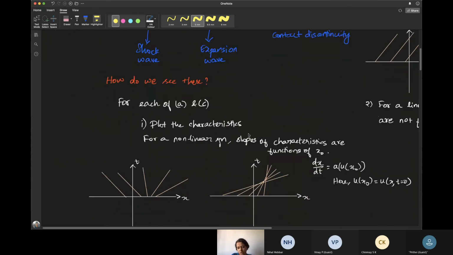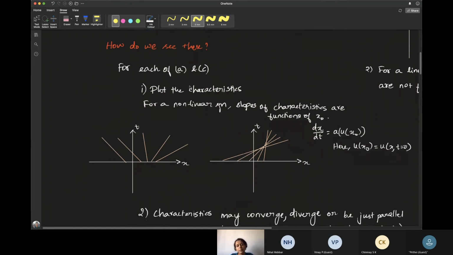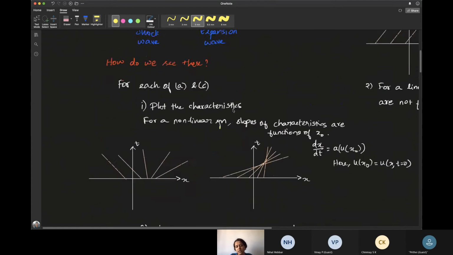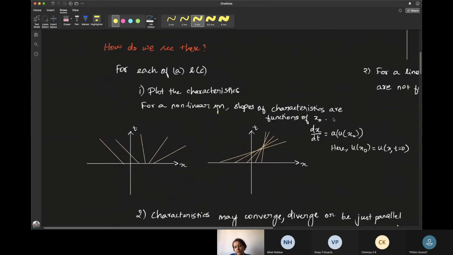For each of these equations, you plot the characteristics. We have seen how to plot the characteristics for scalar conservation laws some time back. These two equations are nonlinear, so the slope of the characteristics is going to be a function of each initial point x naught. On the x axis, we have an infinite number of initial points x naught, and at each x naught you'll have a different slope.